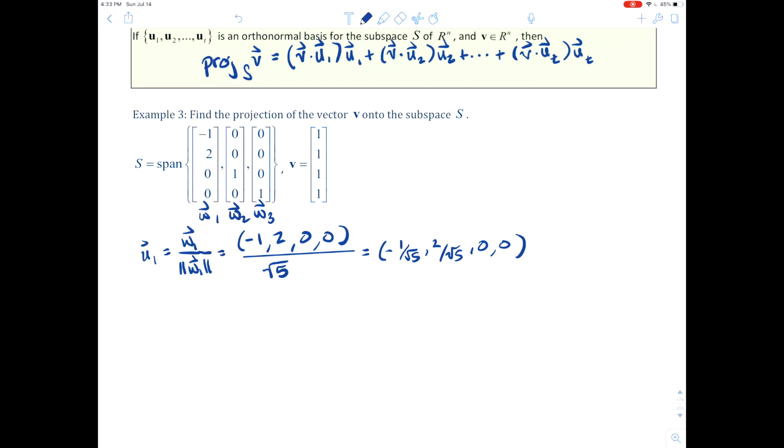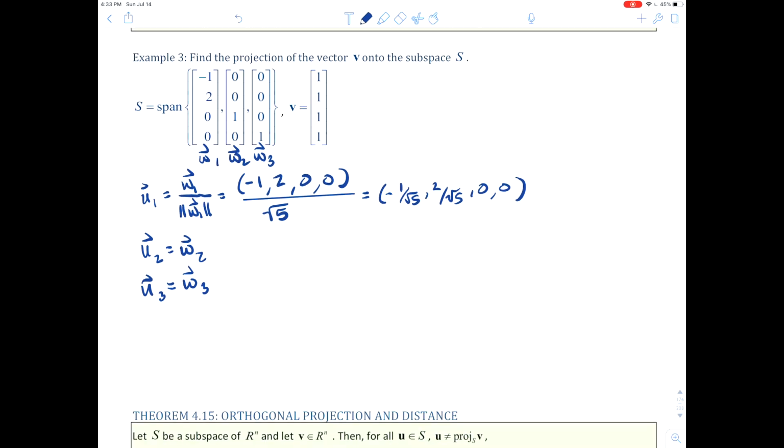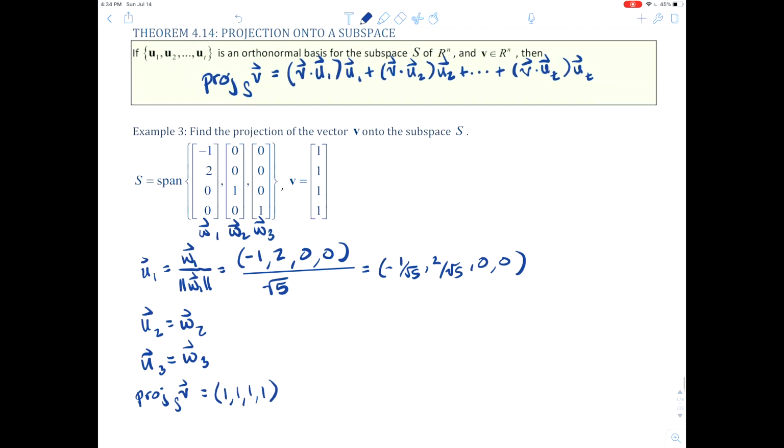So now what are we going to have? Beautiful. Do you see that U2 will just equal W2 and U3 will equal W3 because both of those are already unit vectors, right? So we'll get the projection of our vector V onto our space S, and that's going to equal 1, 1, 1, 1, because that's our V. We're following this theorem up here.